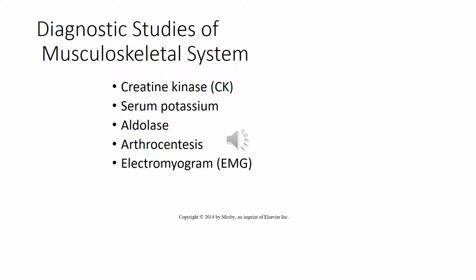And we already talked about potassium, increased in muscle trauma, and cardiac dysrhythmias can be caused by hyperkalemia or hypokalemia. Aldolase is useful in monitoring muscular dystrophy.